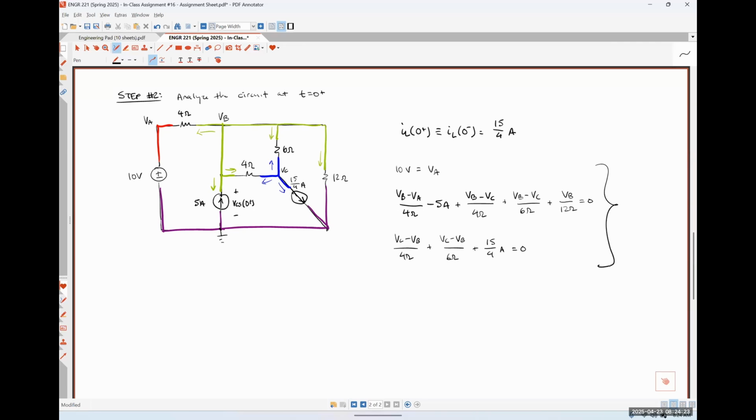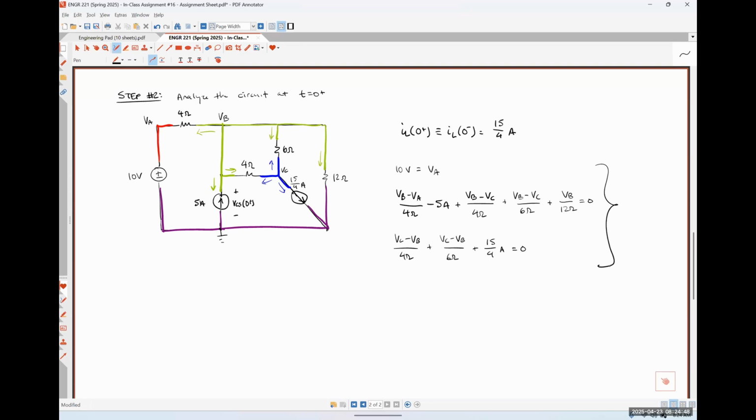So getting out my trusty TI-36, I'm solving this as a 3x3 system of equations. In my first equation, my coefficient for VA is 1, my coefficient for VB is 0, my coefficient for VC is 0, and my constant term is 10. In my second equation, my coefficient for VA is negative 1 over 4.